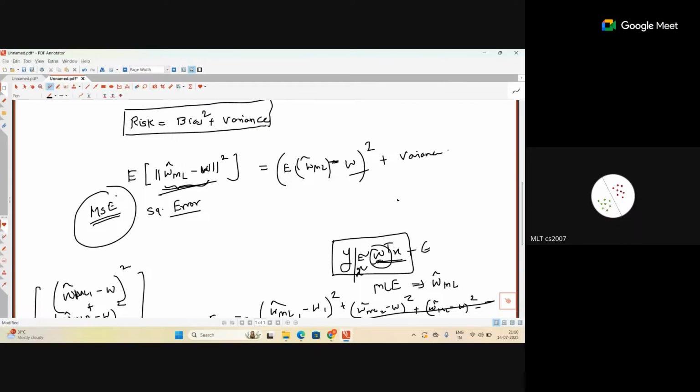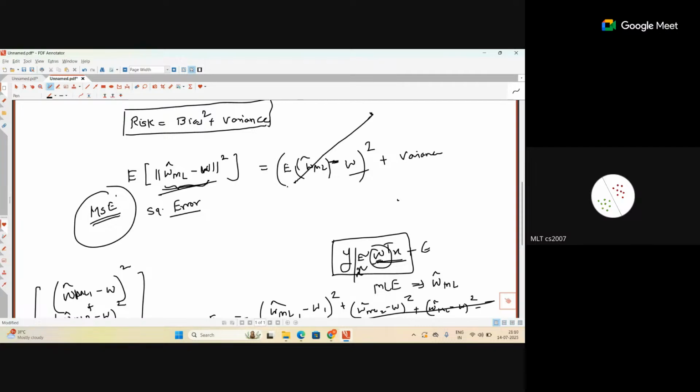I hope this part is fine. Now w ml minus w is a random variable, right? We have created this data set, so w hat ml minus w is a random variable, and now you're finding out the expectation. So now we are saying that w hat ml is an unbiased estimator.